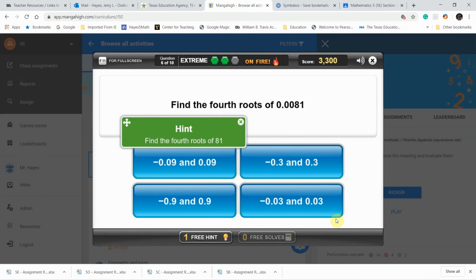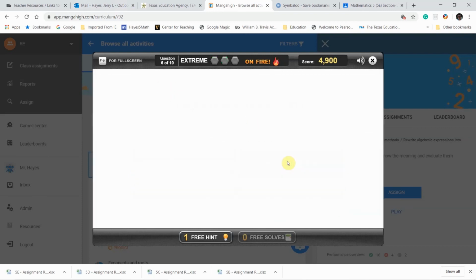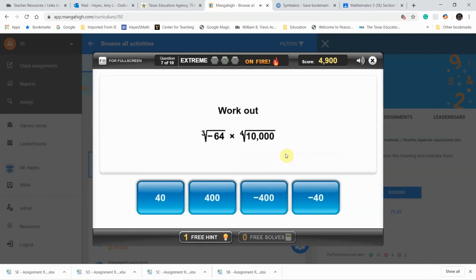So that's going to be this answer right here. Okay, now these are pretty hard. I agree with you. This level of exercise is actually at algebra level, which would be upper 8th grade or 9th grade. So that's why these are so hard.